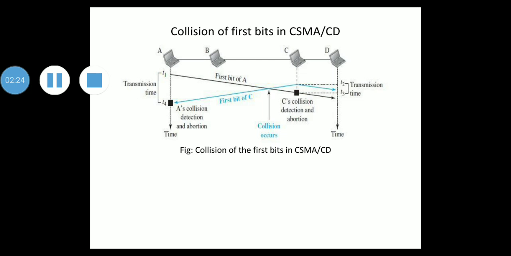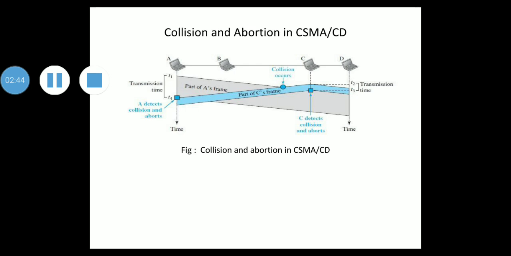At time t2, station C has not yet sensed the first bit sent by station A. So what will station C do? It executes its persistence procedure and starts sending the bits in its frame, which will propagate both to the left and to the right.